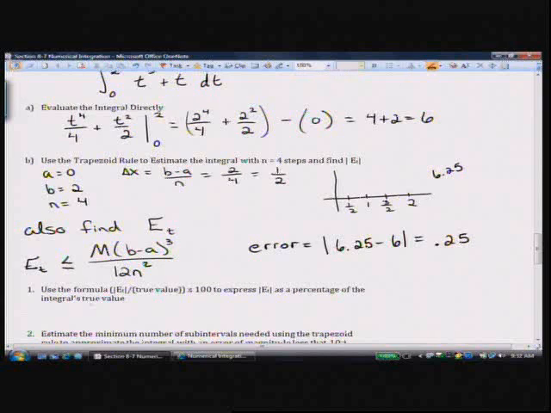So what you do is you take E of t, which is 0.25, and divide that by the true value, which is 6, and multiply that by 100, and you should get 4%. So you have a 4% error. And of course, how could you reduce that error? Well, if you increased your number of n. Okay. All right.